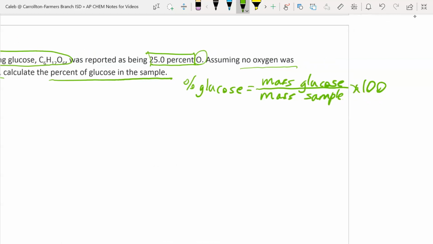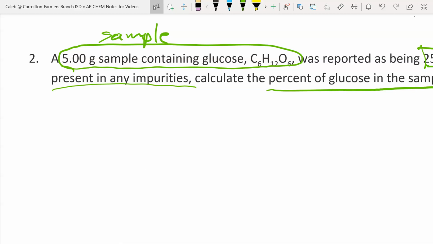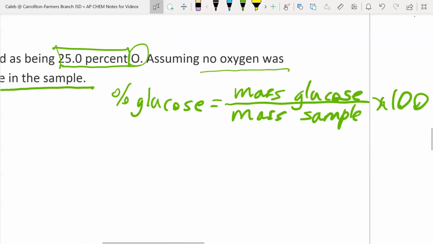We need to know this before we even get started. What are we looking for? Mass of the sample, I already have, it's 5 grams. Remember, it's not glucose, that's the mass of the sample. So what I need to know is the mass of glucose.